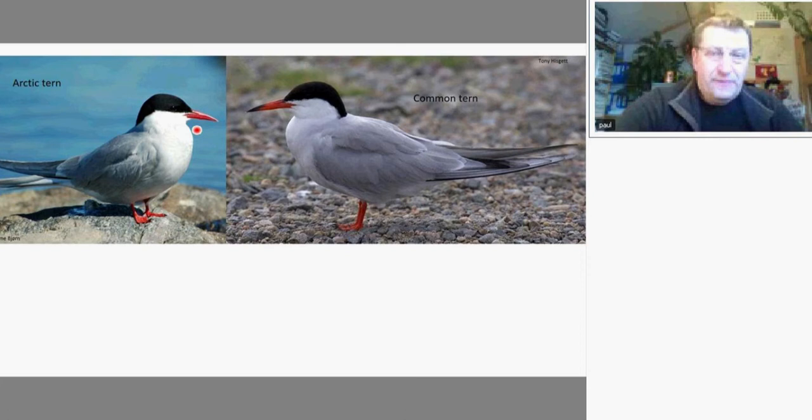Some of them look very much the same, and in autumn when we have young terns of different species, it's very difficult to tell them apart. Therefore, observing them in the spring is a little bit easier. The Arctic tern, when they are flying, is a little bit more acrobatic.